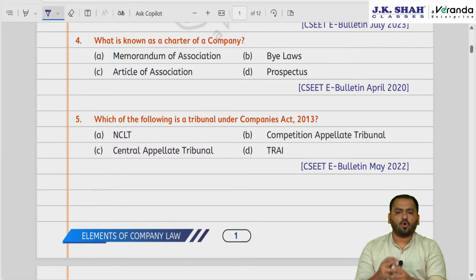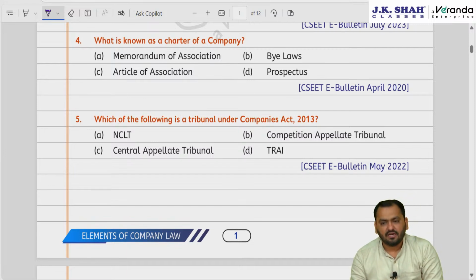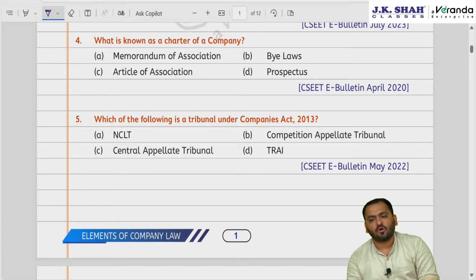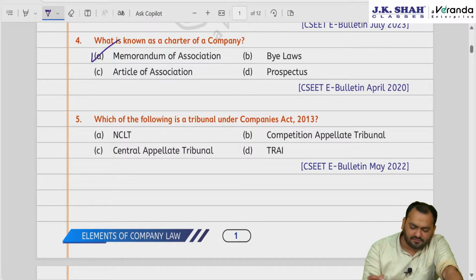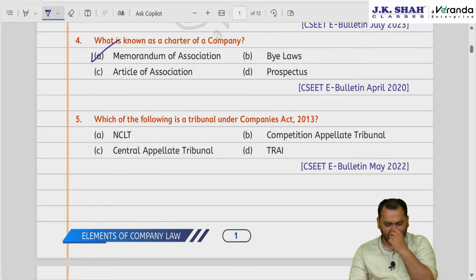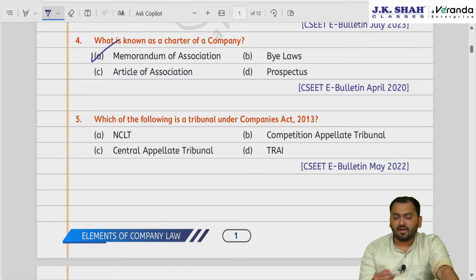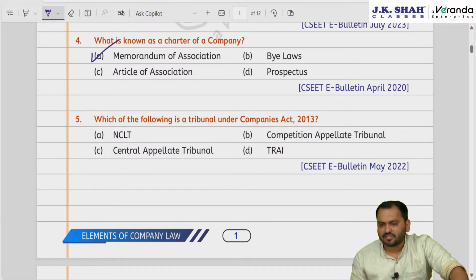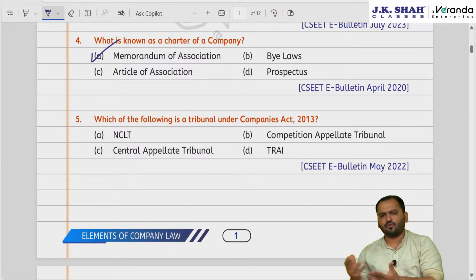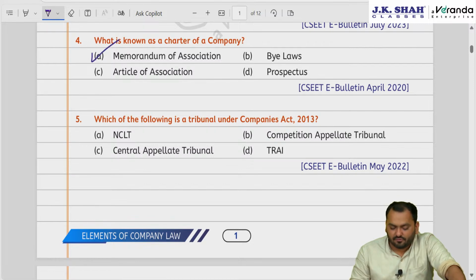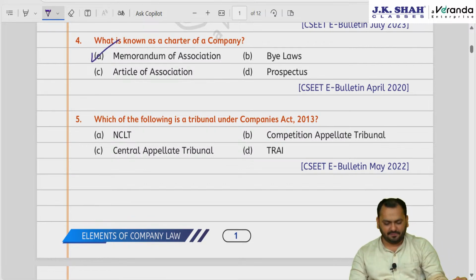MOA is the constitution document of a company, and along with that we also call it a charter document. So the answer is option A, memorandum of association. Otherwise, articles of association are the rules and regulations of internal management of the company. They are also called the bylaws of the company, and prospectus is totally a different concept. So I hope this is clear to everybody.